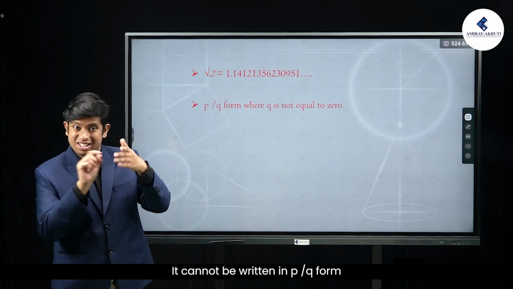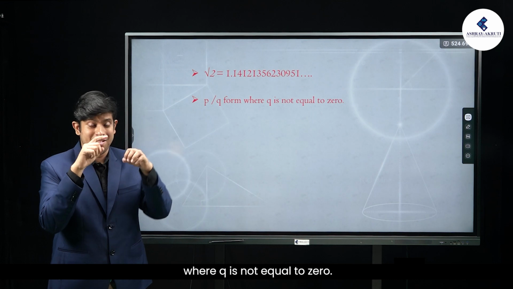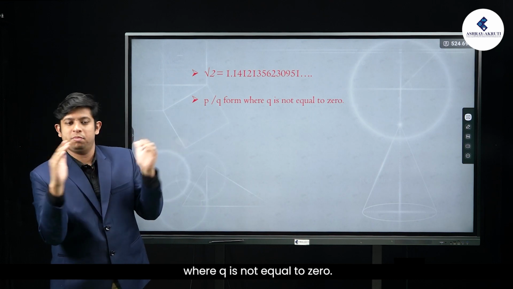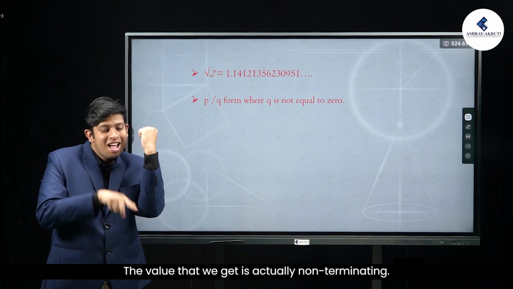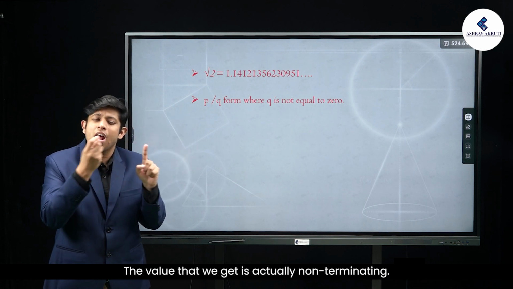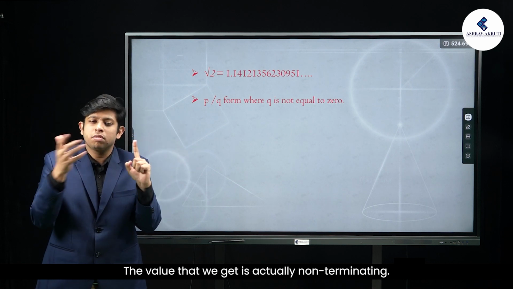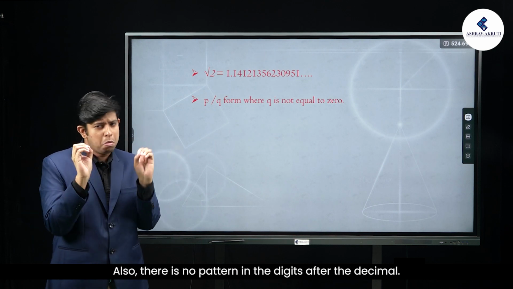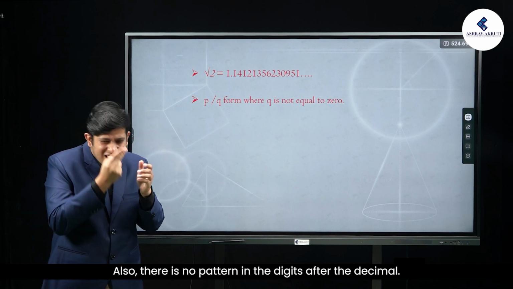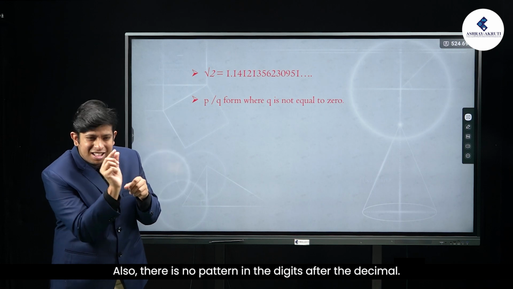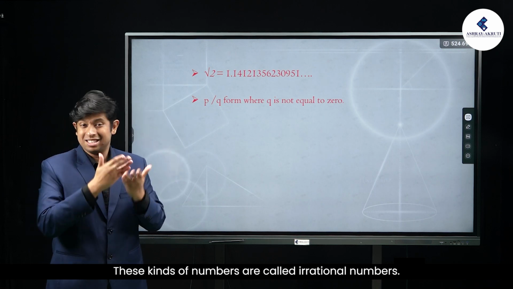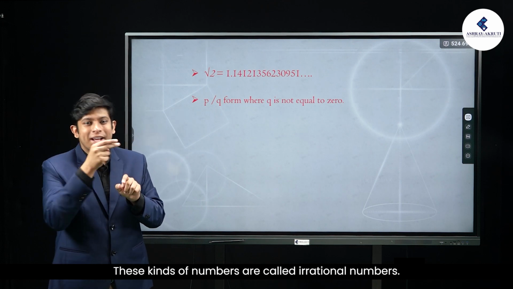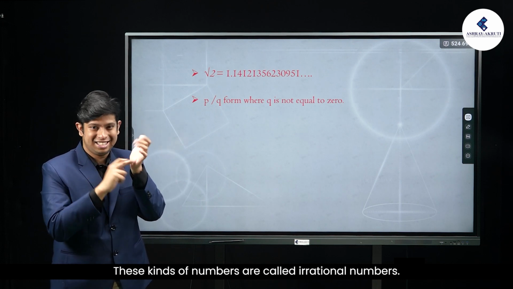It cannot be written in the p by q form where q is not equal to 0. The value that we get is non-terminating. Also, there is no pattern in the digits after the decimal. These kinds of numbers are called irrational numbers.